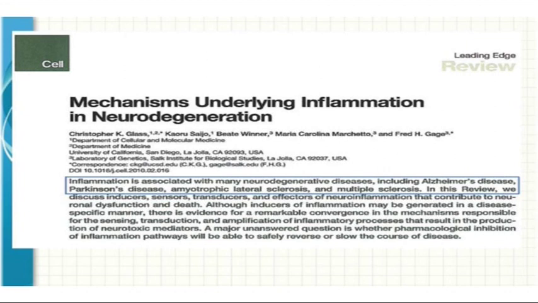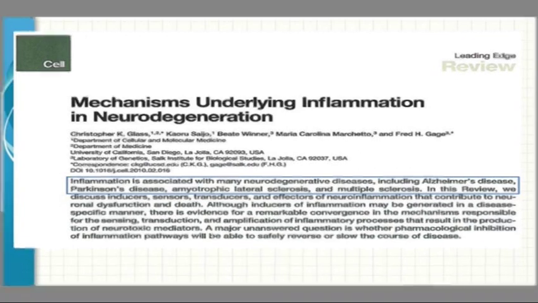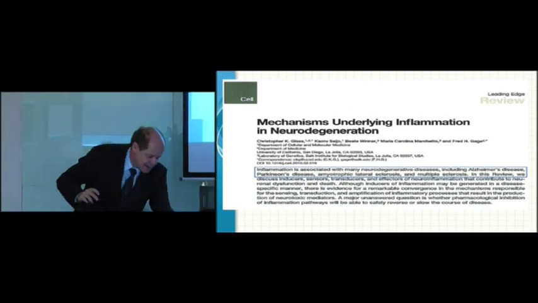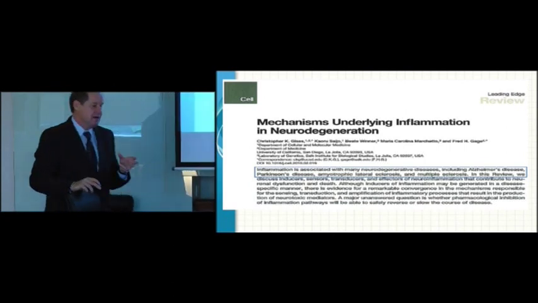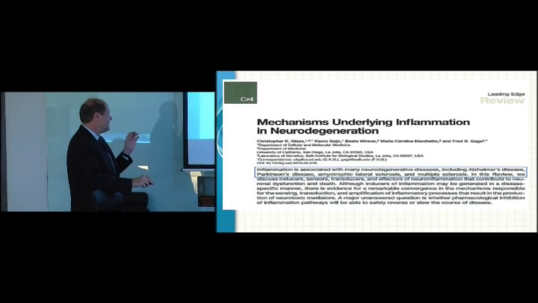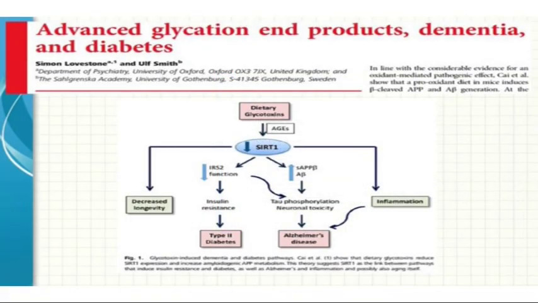with neurodegenerative disease, including Alzheimer's, Parkinson's, amyotrophic lateral sclerosis, and multiple sclerosis. And it's basically the same mechanism underlying the formation of mutated proteins, as depicted here for the example of Alzheimer's.